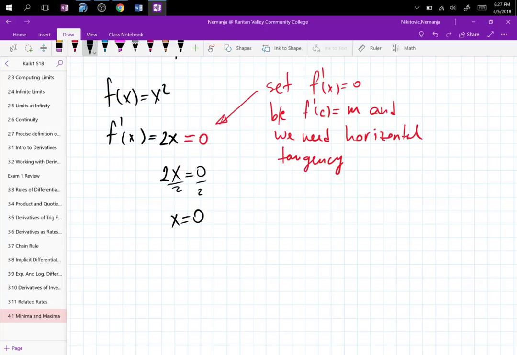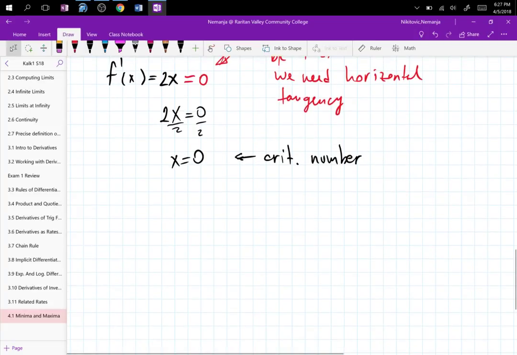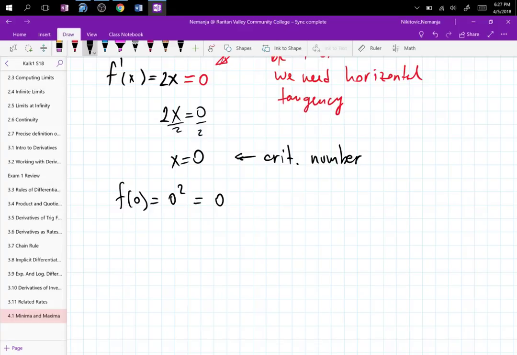That's known as the critical number because it's just x value. So this is critical number. And then we're going to plug that critical number in original equation to come up with the y value. So that's 0 squared, which is 0, from where we have 0 for x, 0 for y, and this over here is critical point.